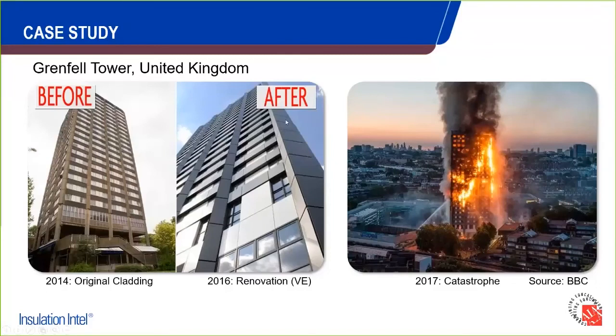So either the testing hadn't been done, or it was pre-code requirements, and that specific building may have been grandfathered in. Unfortunately, this blaze resulted in the loss of 72 souls. So this was an unfortunate incident that has, I think, reawakened worldwide interest in the NFPA 285 testing.